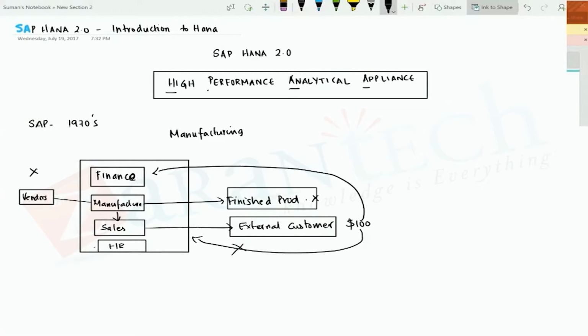So now, for a single transaction to happen, that is for your finished product to be sold to the outside market, if you look at the different departments that are available in your organization, the manufacturing team works to make the product. The sales department team actually sells the product to the customer. When the customer makes the payment, it actually goes to the finance team. Now, what is the functionality of the human resources?